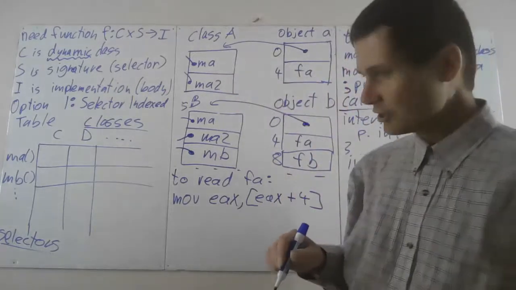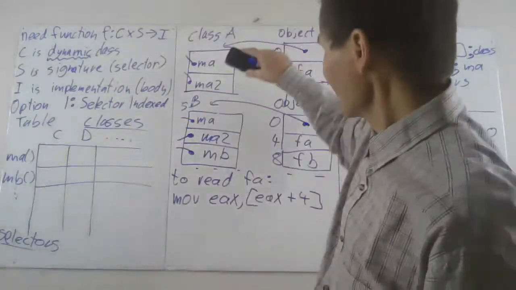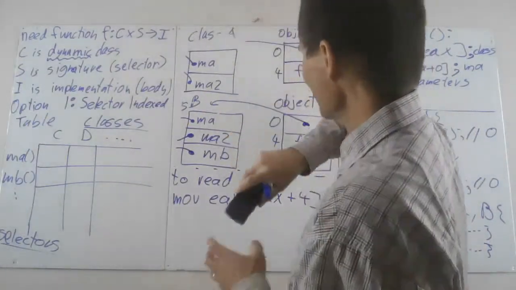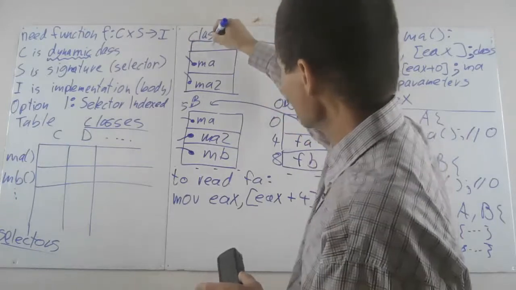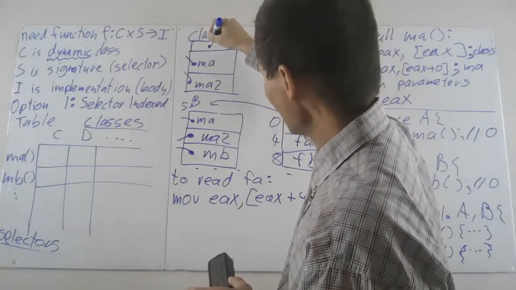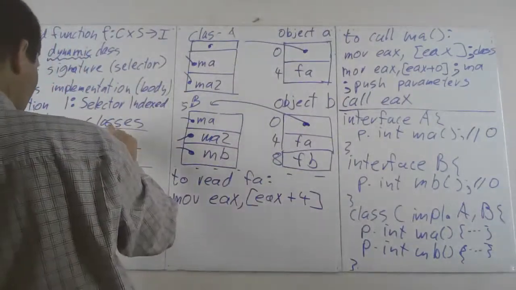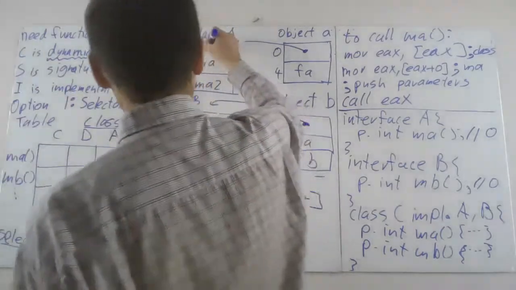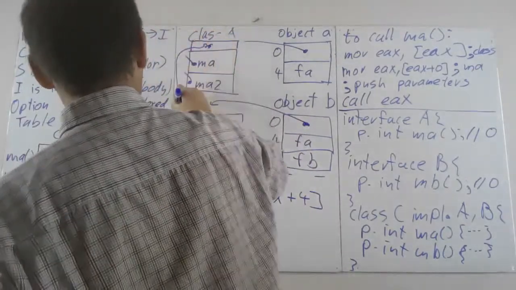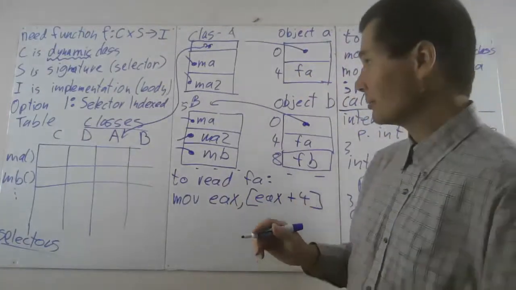And so in each of my class data structures, I'm going to really abuse my diagram here, and I'm going to say, let's make word 0 of each class point to the column of my selector index table. So I'm going to have class A and class B in here as well. I'm going to have word 0 point to a column of this table.